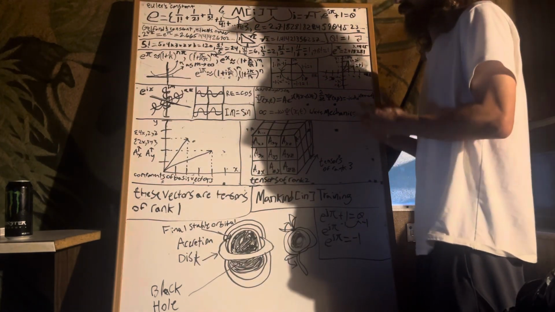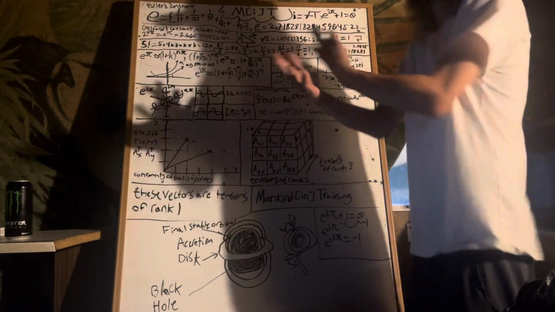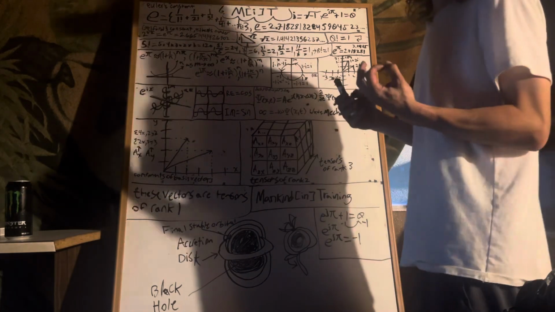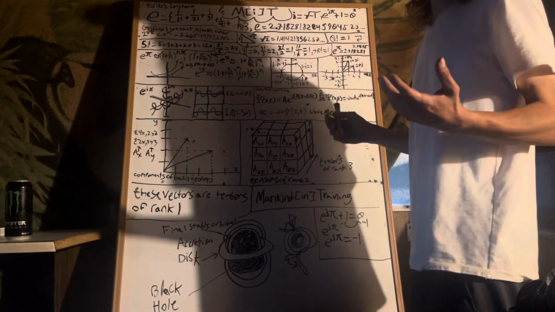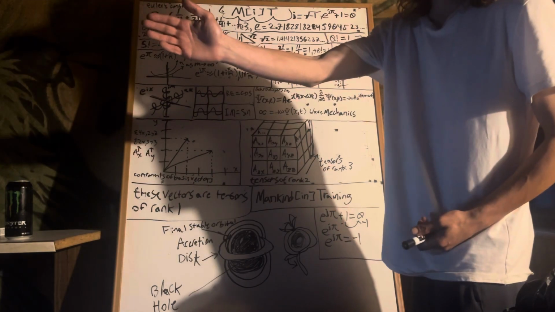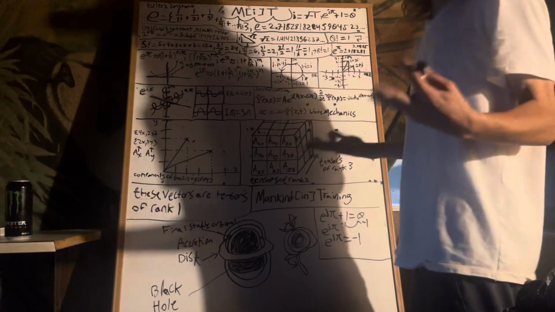So once you become entangled with the particle, I like to think about it like this: the entire universe in the timeline that we're trapped in, it's all one big wave function.